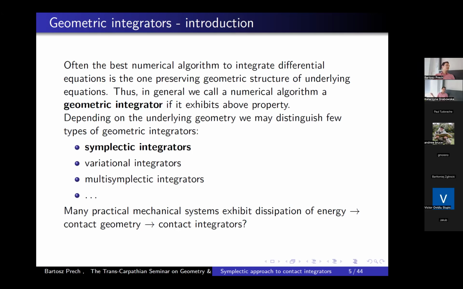This is particularly important when you consider a long time range of integration, for instance in celestial mechanics, where you would like to obtain a valid solution after a longer time of integration, so, for instance, years. Standard methods may work better on a shorter time scale.